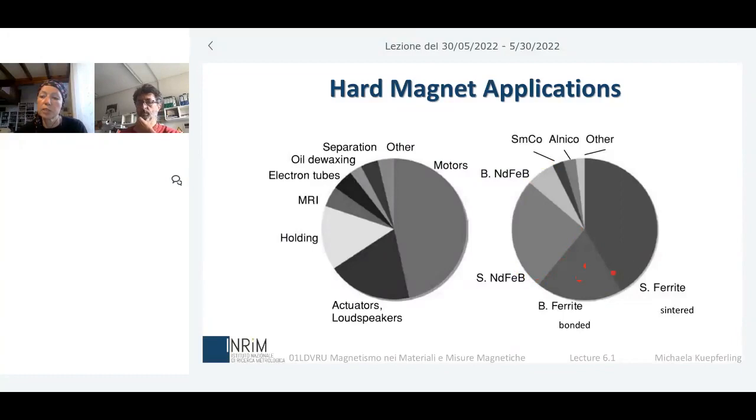It performs much better than hard magnetic ferrites, but of course it's more expensive and has other kinds of disadvantages. Then we have samarium cobalt alloys, and aluminium nickel cobalt alloys. And the rest are mainly hard magnetic steels, which we will see in the next slide.